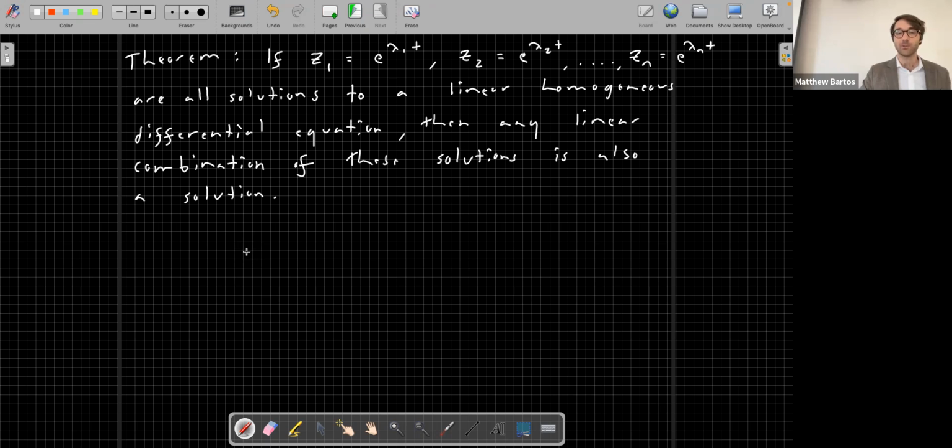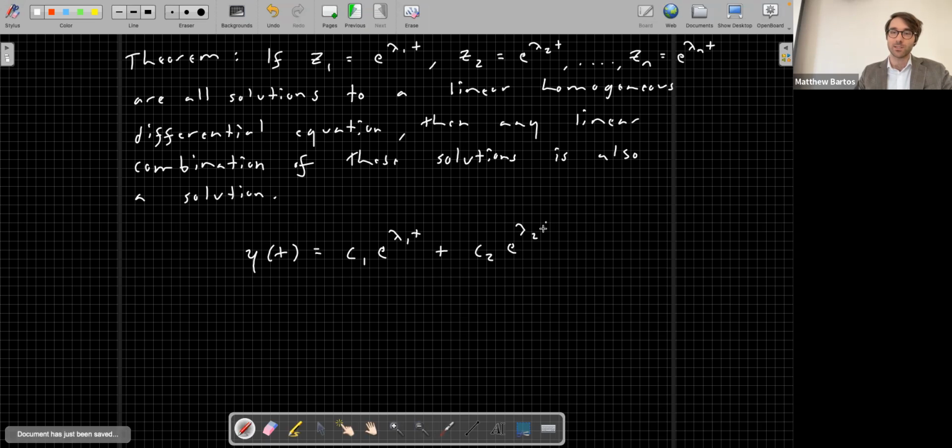Writing this out mathematically, we have that y(t), our solution, is equal to any linear combination of these different solutions. So y(t) is equal to c1 e to the lambda 1 t, where c1 is some constant, can be any constant, plus c2 e to the lambda 2 t, and so on to cn e to the lambda n t.